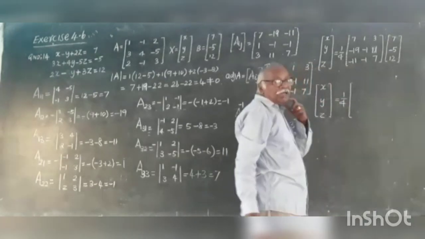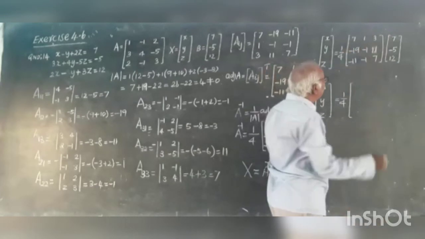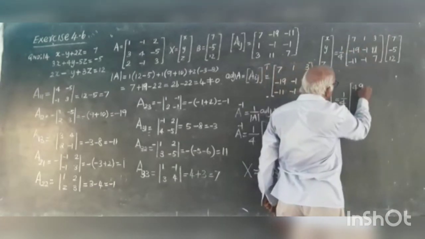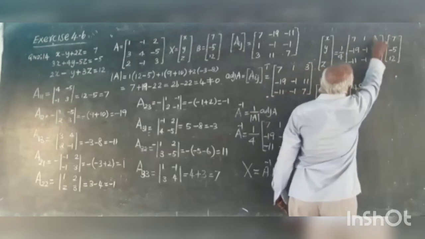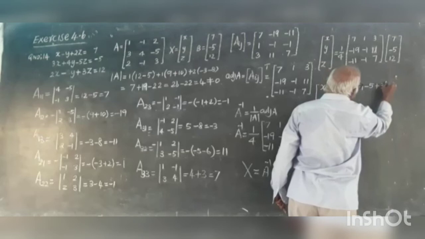Now you multiply. On multiplying, 7 into 7, 49; 1 into minus 5, minus 5; 3 into 12, plus 36.